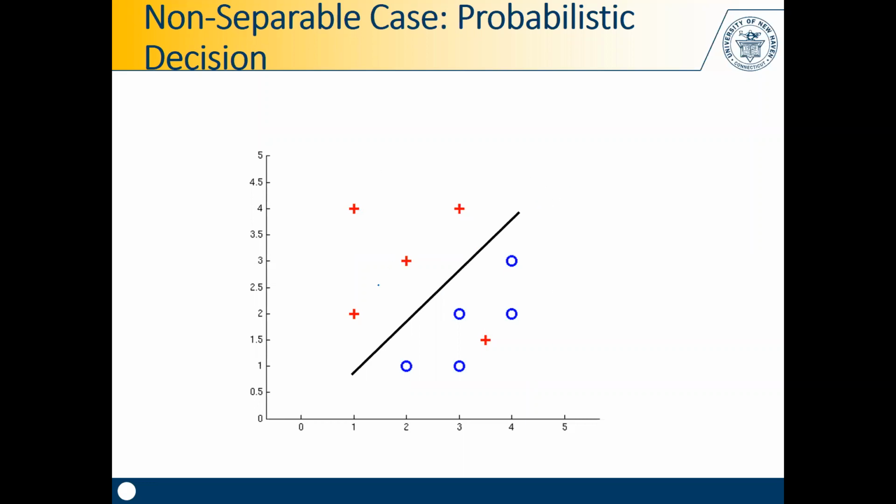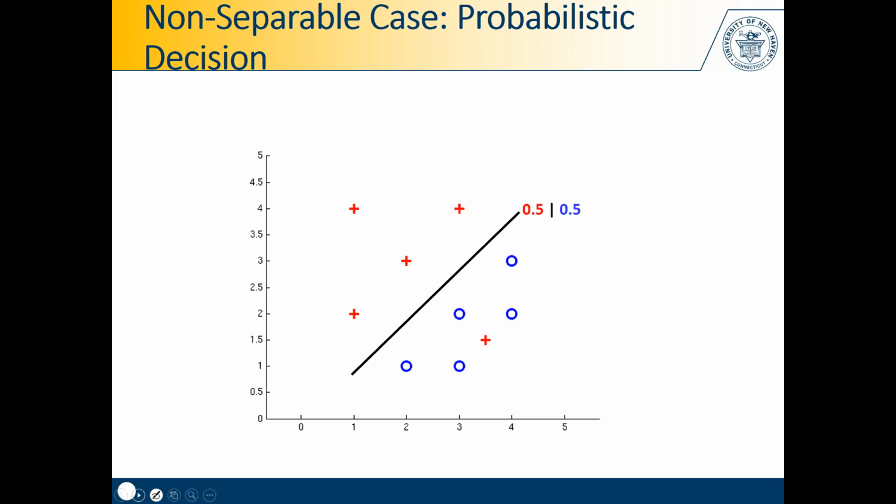What if we could come up with a probabilistic decision boundary? So let's say we have this probabilistic boundary, meaning that everything that falls on this line has a 50% chance of being red and 50% chance of being blue.